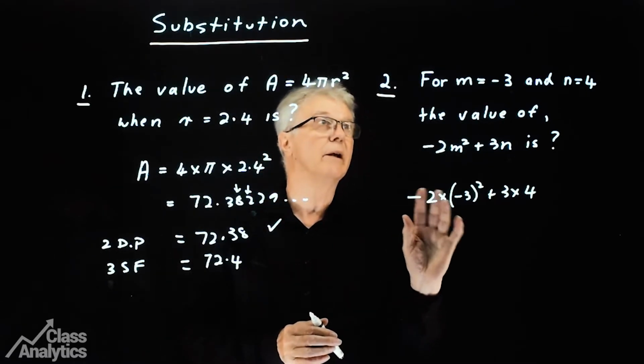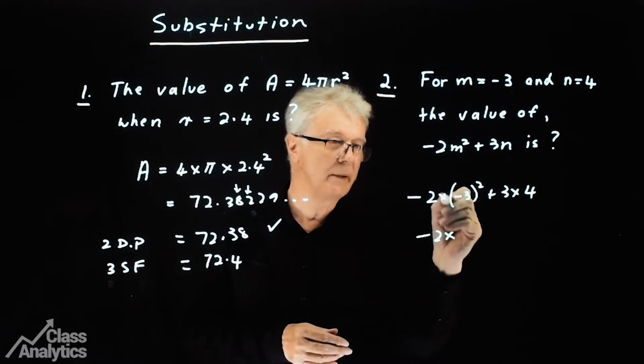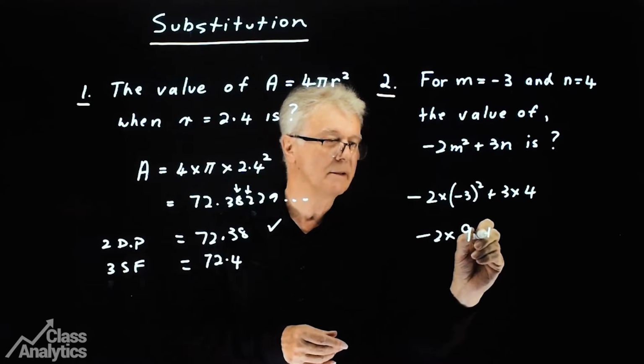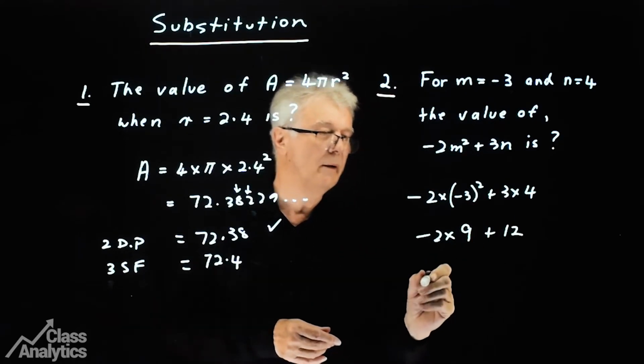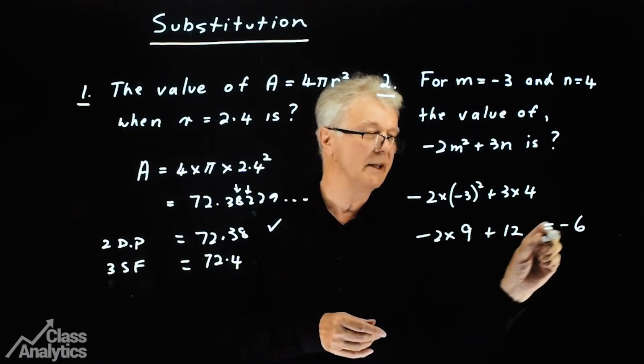Now when you do that on the calculator, what happens, the calculator works this bit out here for you, which is the 9 plus the 12, and when you work that out, you get the correct answer of negative 6.